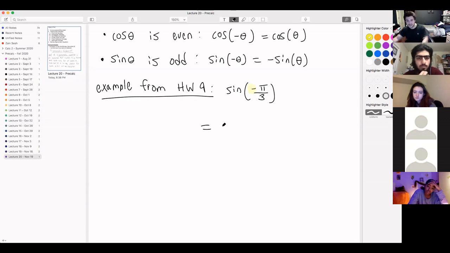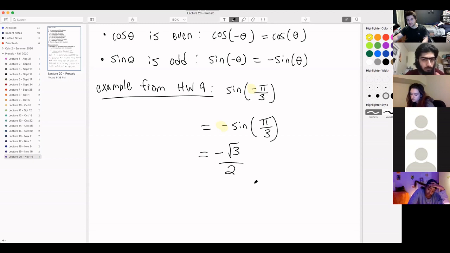So by oddness, this is negative sine of positive pi over 3. Now sine of pi over 3 is right on our trig table. So this is negative radical 3 over 2. And the beauty of this is that no reference angles were needed.